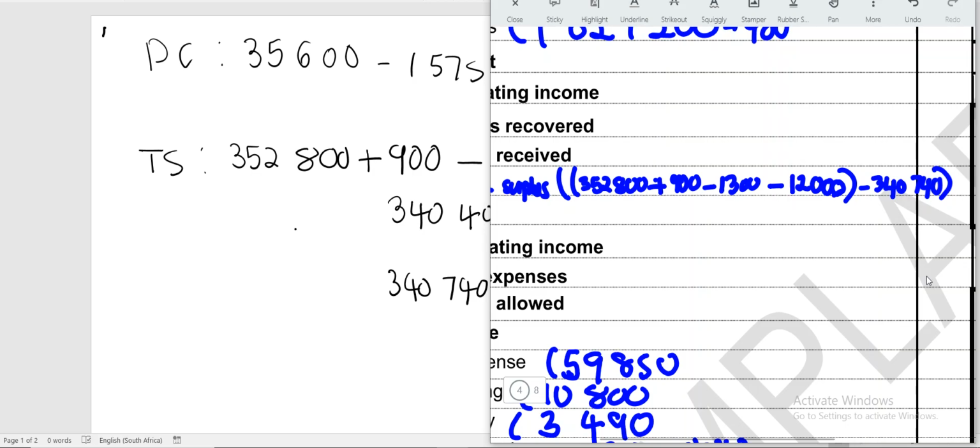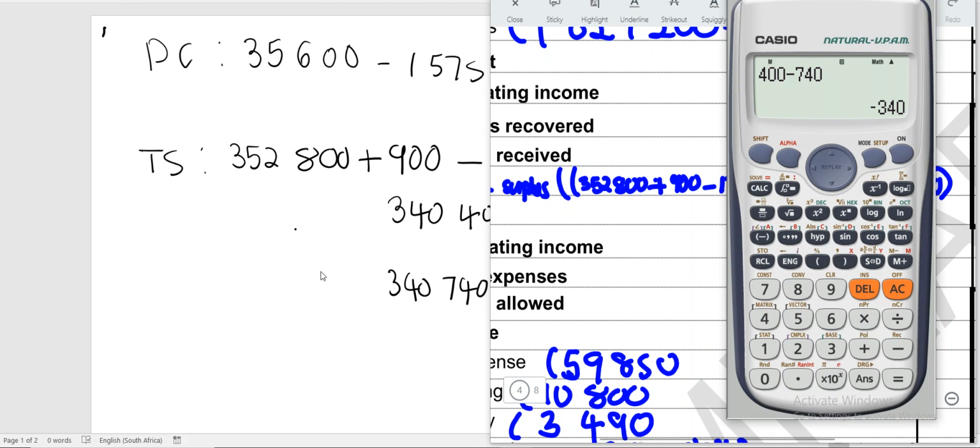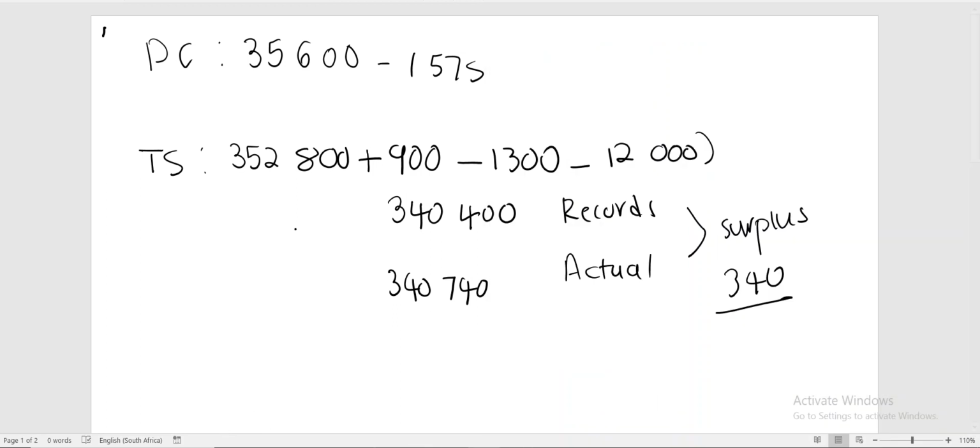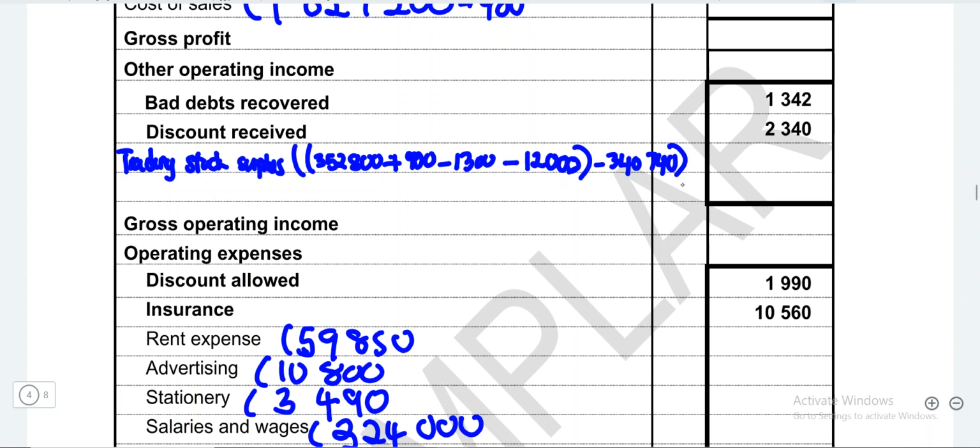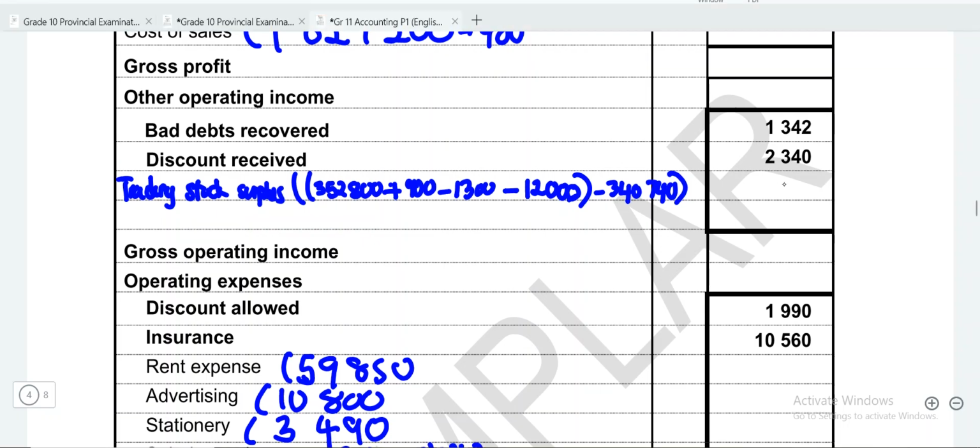But remember, guys, to try and keep your answers within this line. Unfortunately, I'm using a very big pen for you guys to be able to see and relate. So remember, the answer that you got according to that calculation was 340. So we'll automatically take that 340 to our answer book. You must make sure that you transfer it immediately so that you don't lose marks.